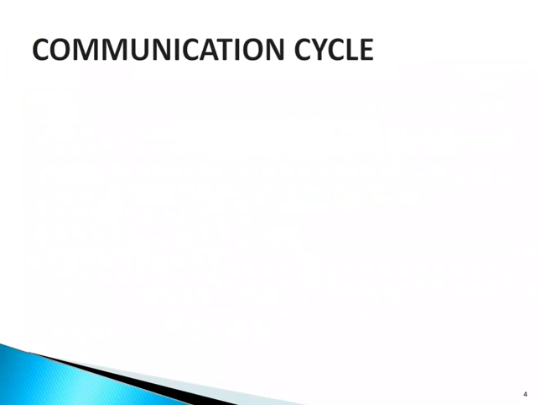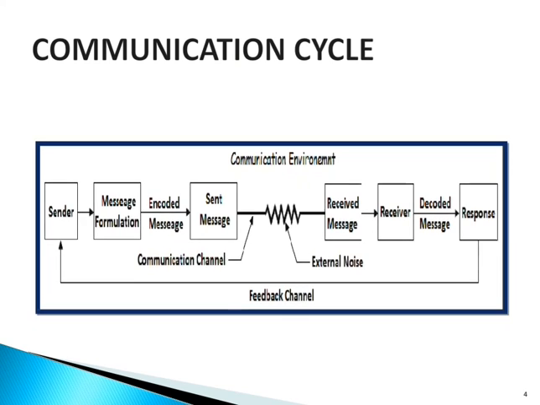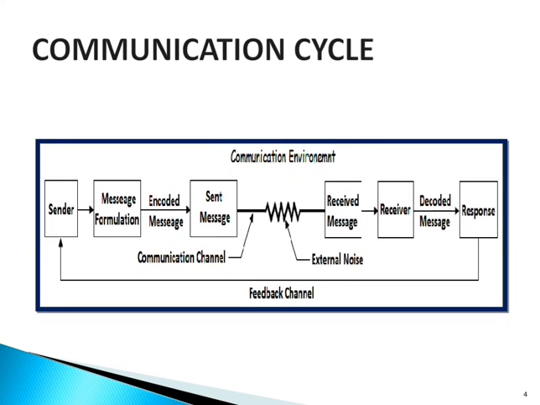So let us see the communication cycle for it. Here you can see the communication cycle or communication process, which reveals some striking features of communication: the process of communication is internally related among several interdependent components.